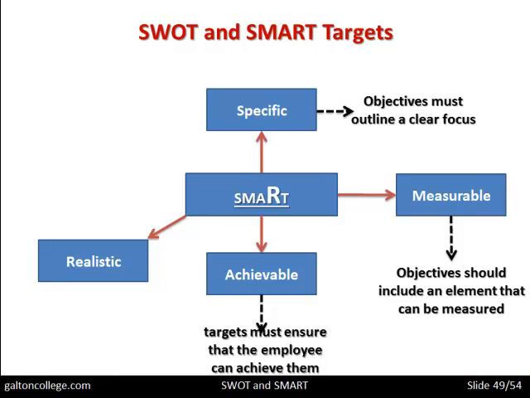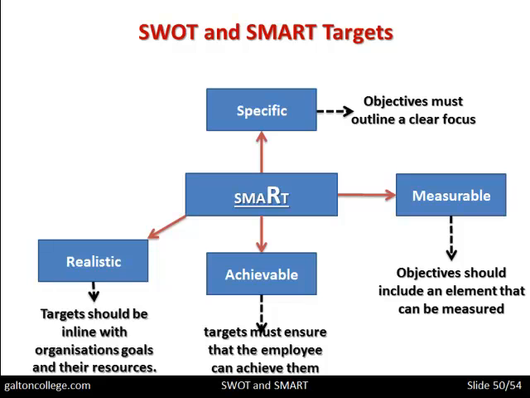The R is realistic. Targets should be in line with organizational goals and their resources. They should be realistic targets. Take asking the operator to learn how to program a new operating system for the computer. Now that's achievable under certain sets of circumstances. If the operator is given a long course of training and perhaps sent back to college or university and retrained completely, it's measurable and it's specific, but it's not really realistic.